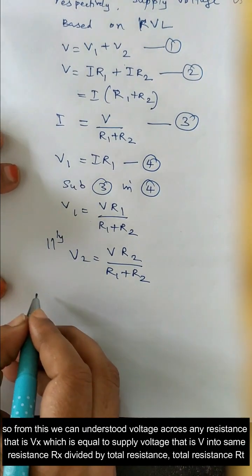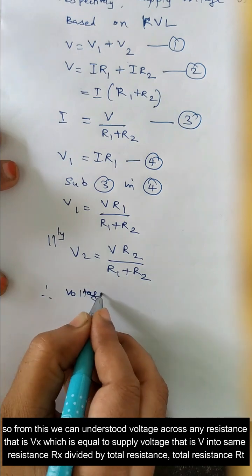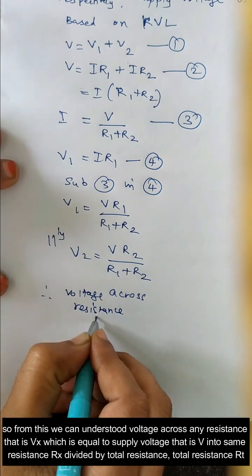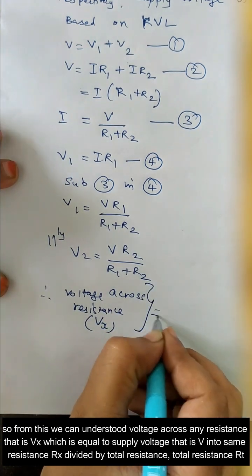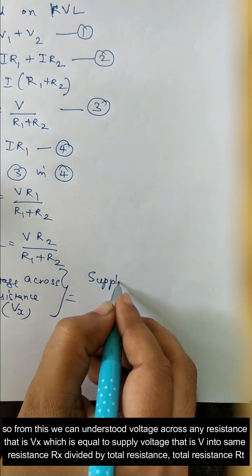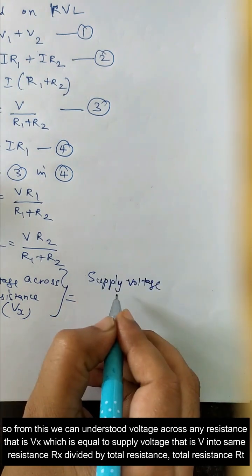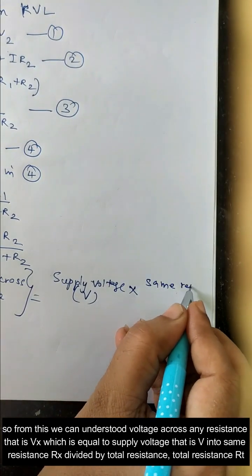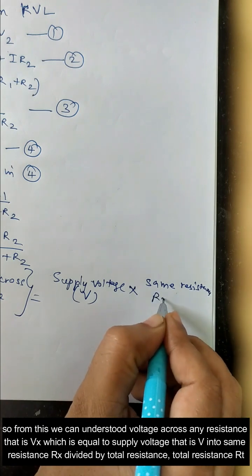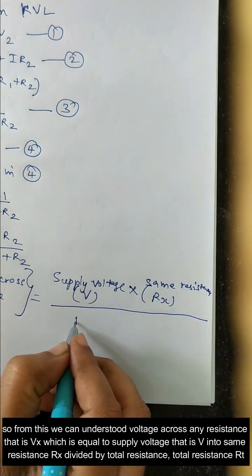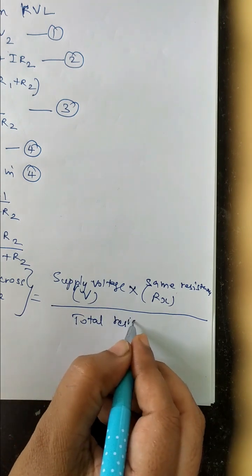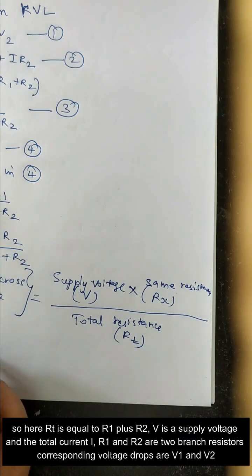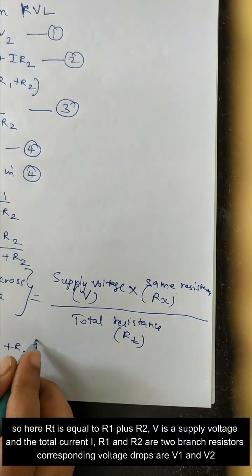So from this we can understand the voltage across any resistance, that is Vx, is equal to the supply voltage V into the same resistance Rx divided by the total resistance RT. Here RT is equal to R1 plus R2.